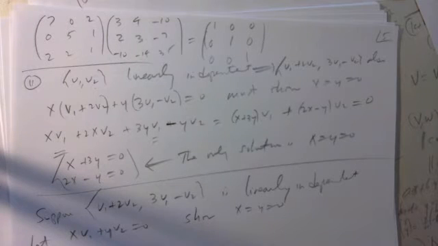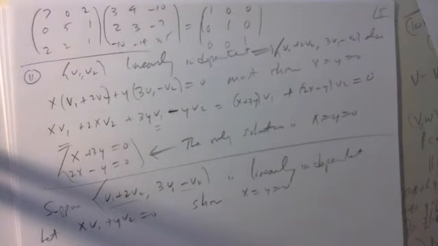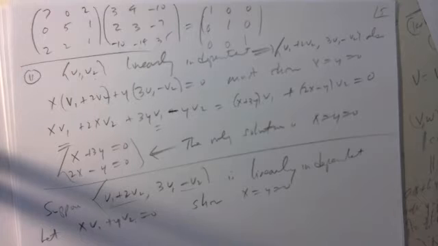So this is a little bit more complicated. Let's see, what can we say? I want to express v1 and v2 in terms of these vectors. So, for example, I have v1 plus 2v2 plus 2 times 3v1 minus v2.